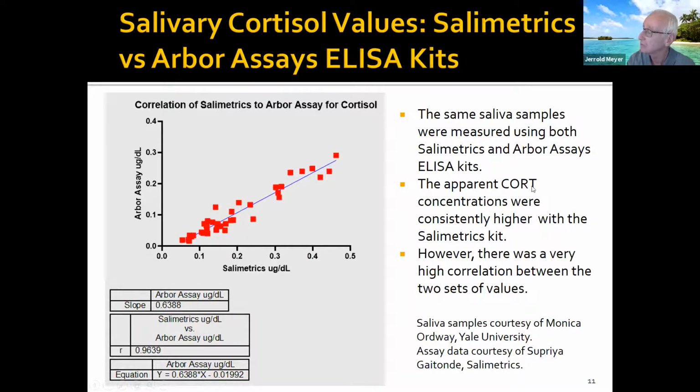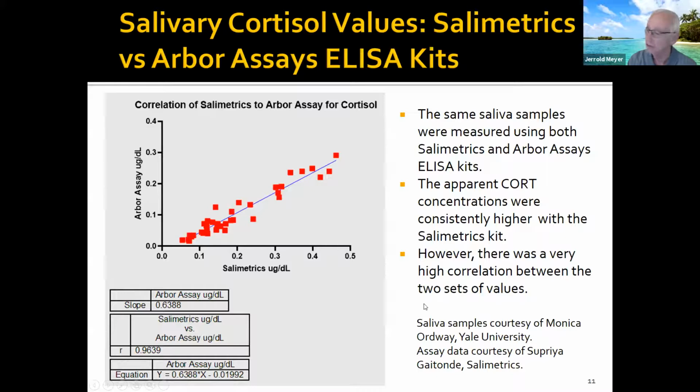We used to use Cellometrics, and we still use that kit for animal samples, mainly for historical reasons. But a collaborator that I work with at Yale, Monica Ordway, in the nursing school at Yale, she collected some saliva samples, and one of the staff people at Cellometrics ran the same large set of samples in both assays.